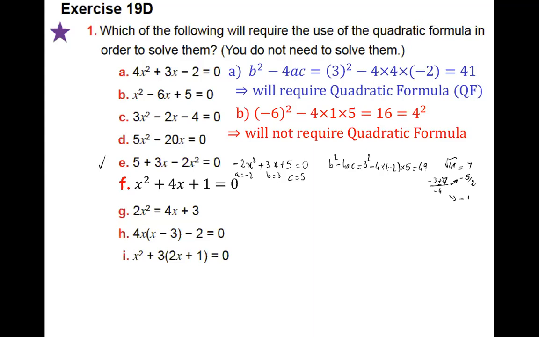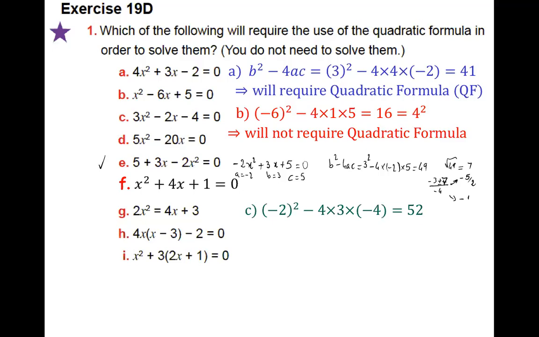Basically find two numbers: if you multiply them, you get 5, and if you add them, you get -6. 5 and 1 basically, or -5, -1. Okay, so x minus 5 times x minus 1. So you don't need the quadratic formula for that one.